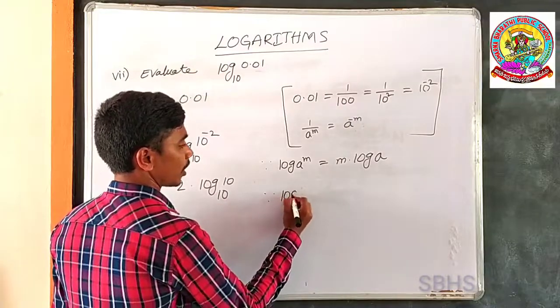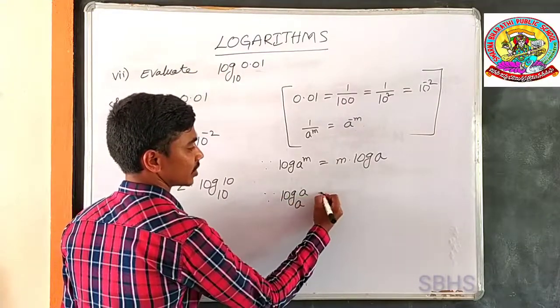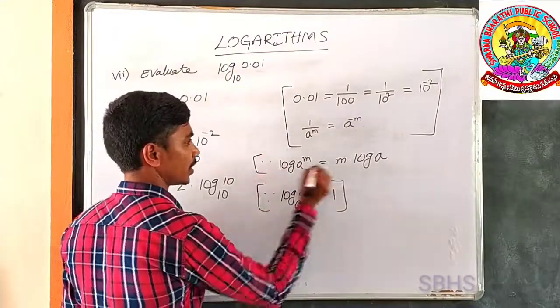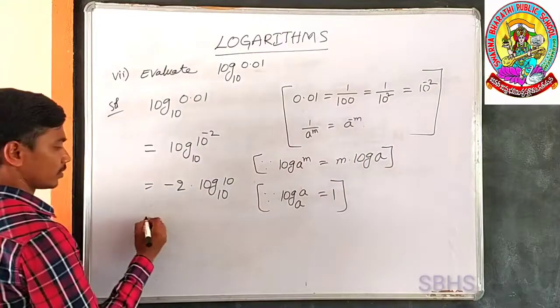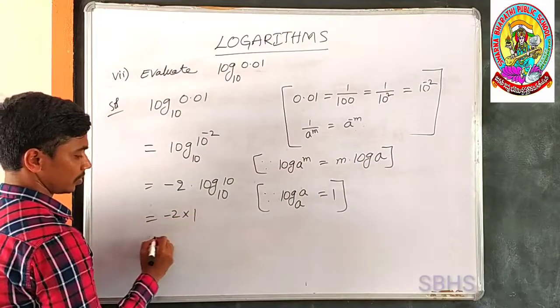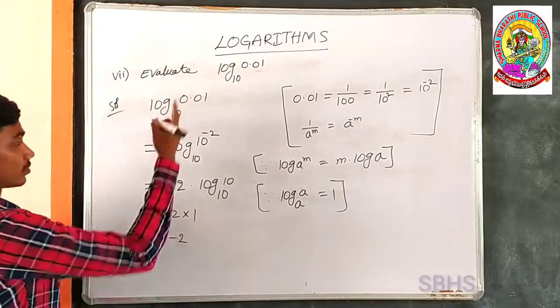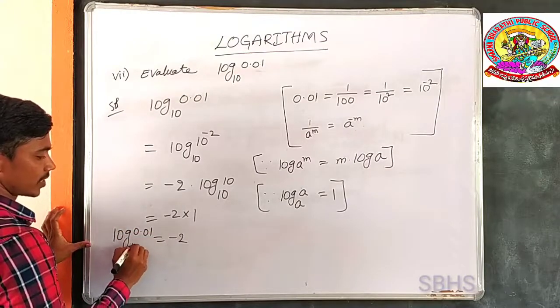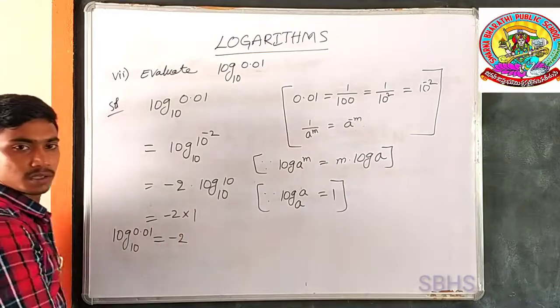Once log a to the base a is equals to 1. So minus 2 into 1, it should equal to minus 2. Log 0.01 to the base 10 is equals to minus 2.